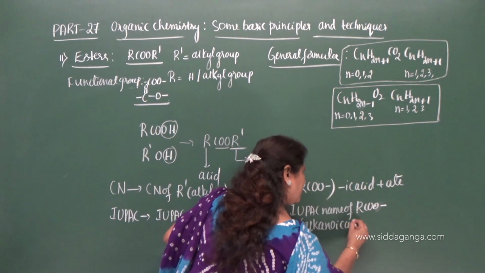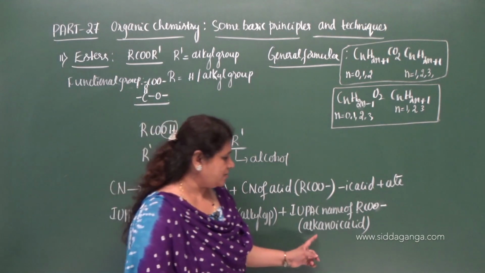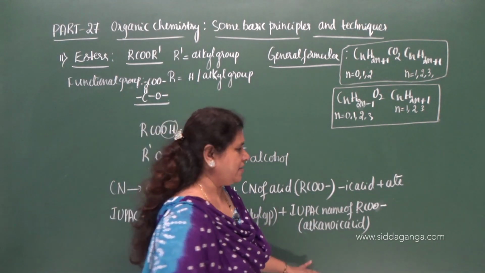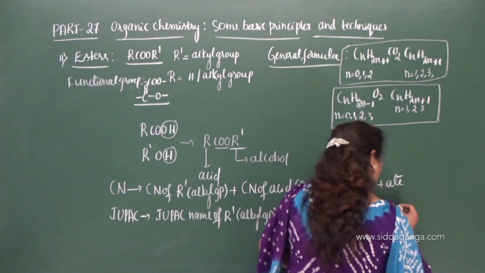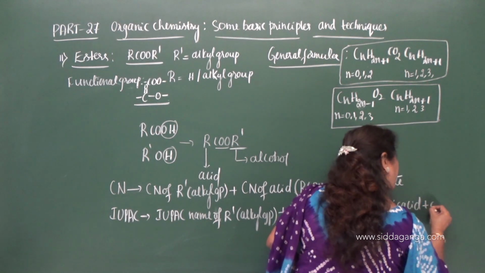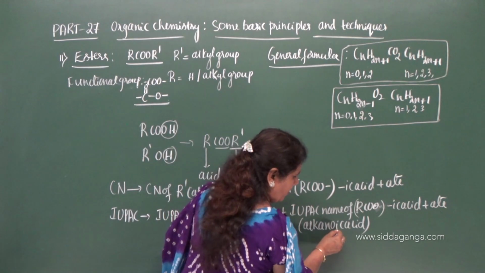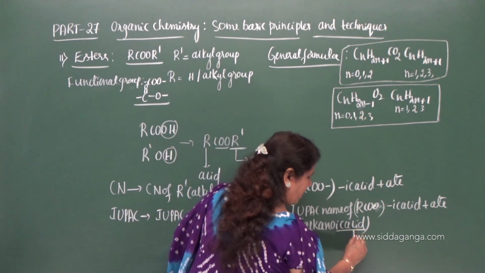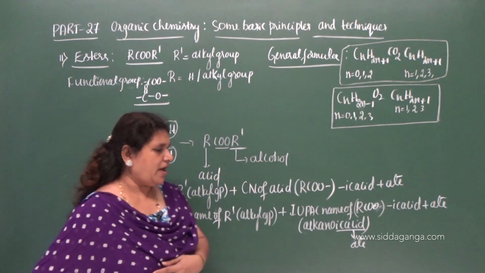Alkanoic acid, correct? So what is the IUPAC name of carboxylic acids in general? Alkanoic acid, from which you have to remove ic acid and add the word ATE. So from the IUPAC name, ic acid is replaced by ATE.